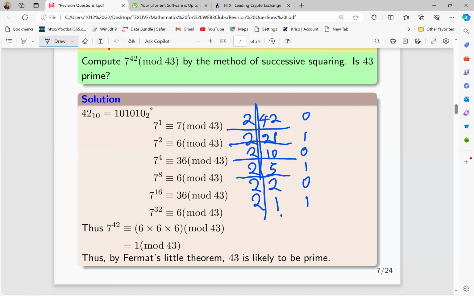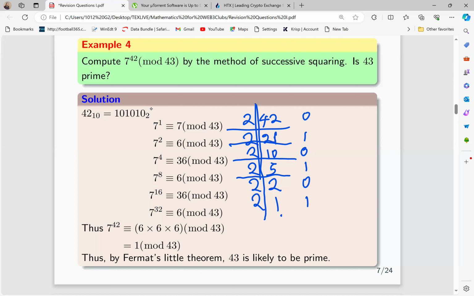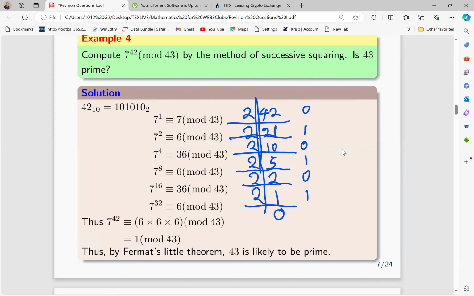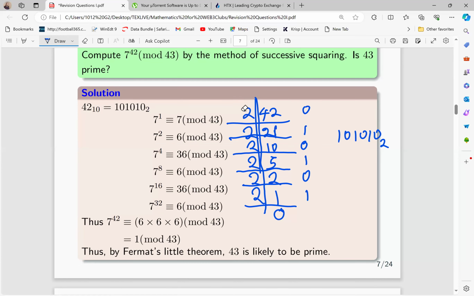So we're going to get 1, 0, 1, 0, 1, 0. That is the number 42 converted to binary. That's what we get. Now she leads us into getting these squares.